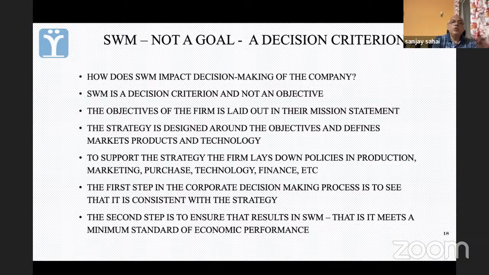And the value of your company in the market will also begin to go down. That will be reflected in the prices of your shares. So that cannot be ignored.